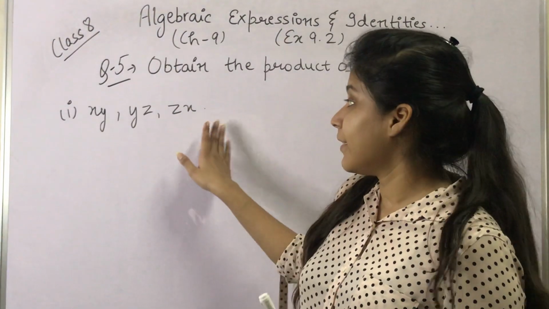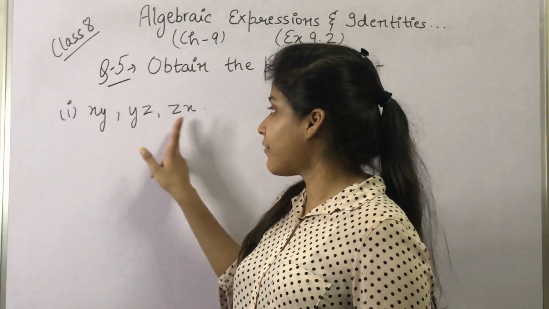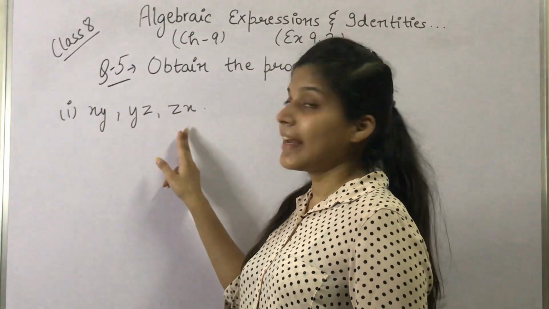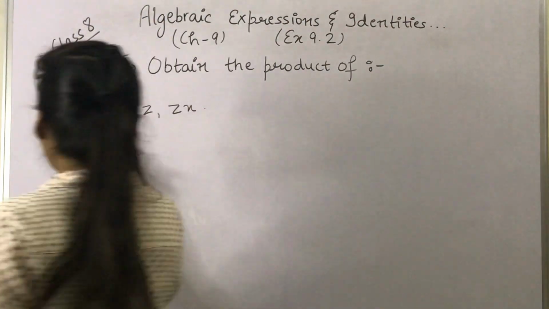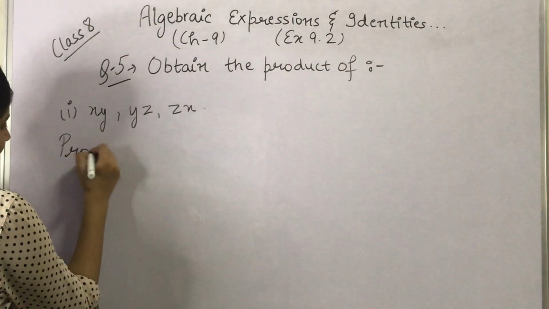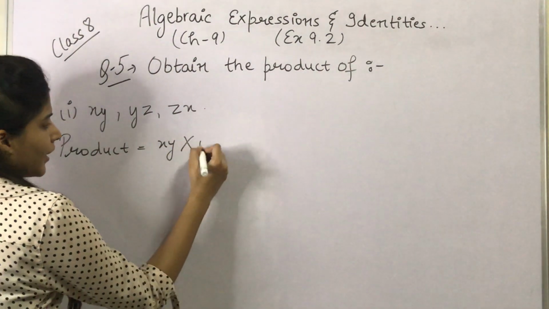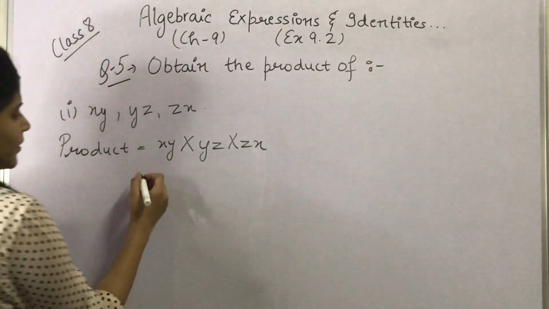Now these are all unlike terms, but there is a like factor: x is the same in xy and zx, y is the same in xy and yz, z is the same in yz and zx, right? But we have been told to multiply all three. So what we'll write is product equals to xy into yz into zx. I hope this is clear.